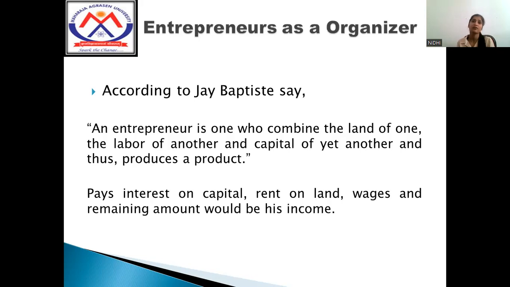As we all know, if we have to produce a product, it is attached with many phases, right? Raw material, land, and financial resources are also required so that production will get started, along with new technology and machinery. So the entrepreneur is the organizer who combines all such things.